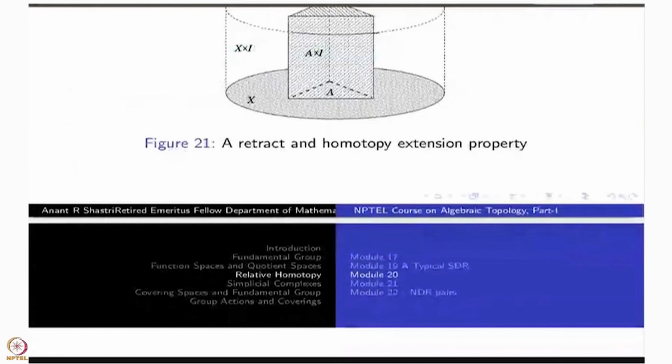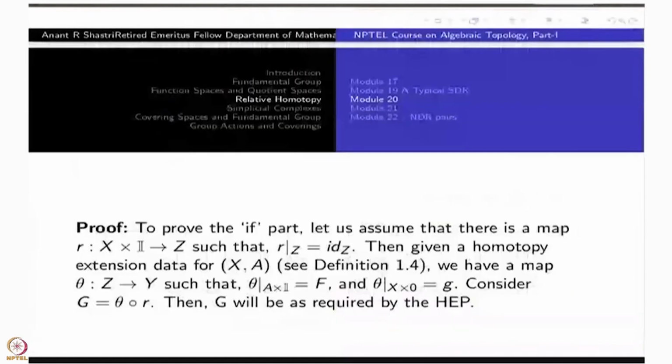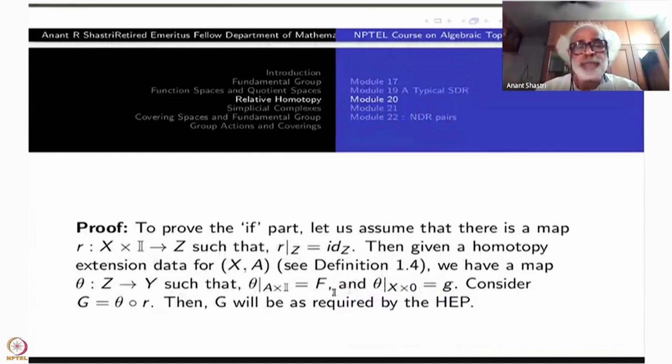Look at this one. I defined this theta by patching together two different functions. On this set, it is F, that's continuous. Theta restricted to X cross 0 is G, that's continuous. These are hypotheses. But why is theta continuous?